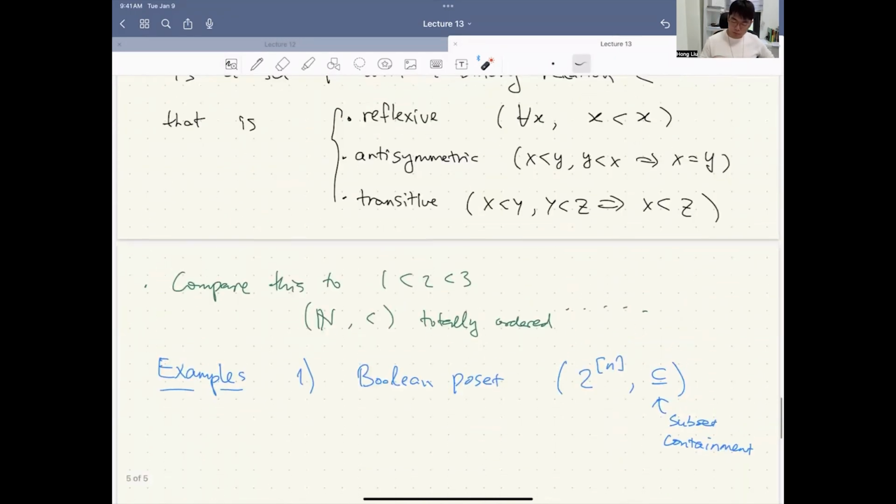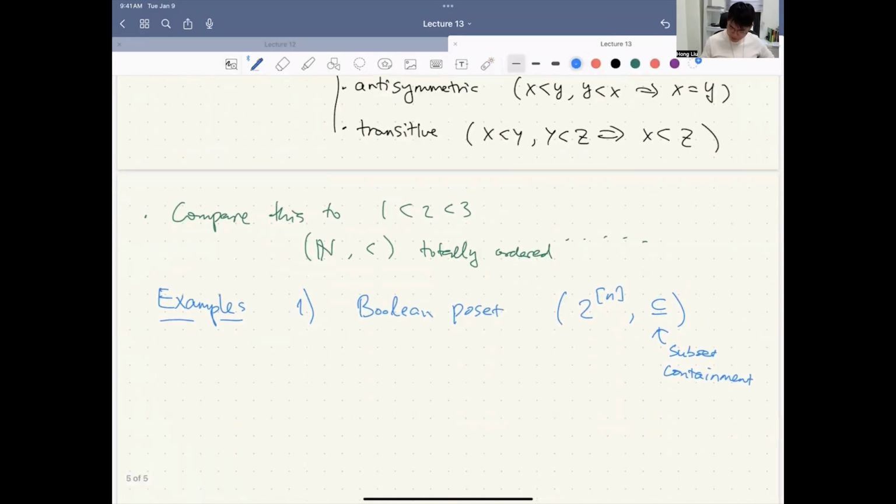This is an example. Second example, let's again look at natural numbers, but now not the standard less-than binary relation. We look at divisibility.